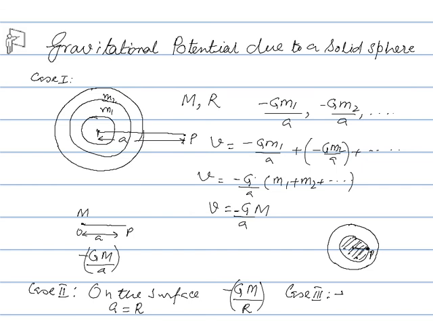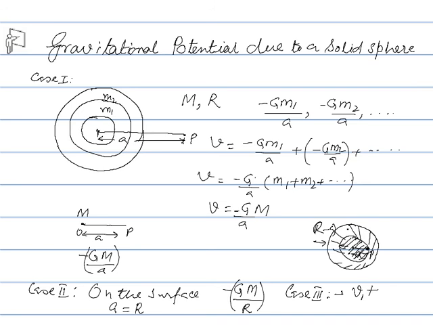One is the inner solid sphere of radius A. For this, let us suppose V1 is the potential, plus we can imagine the outer part of this solid sphere, this part having a thickness, this thickness is R minus A, and this is made up of a large number of concentric shells.